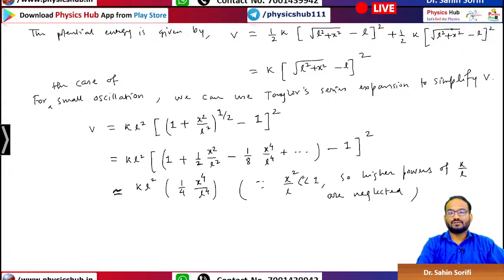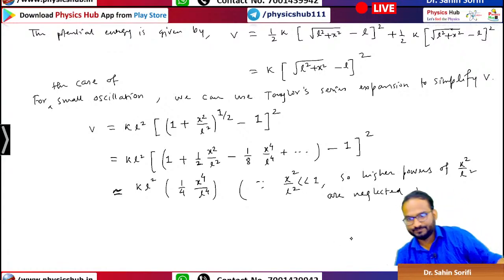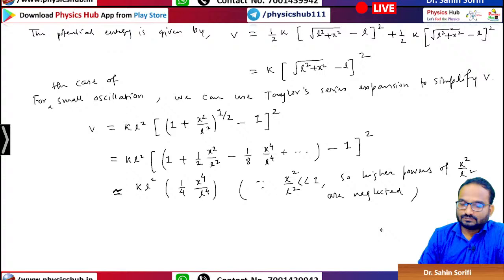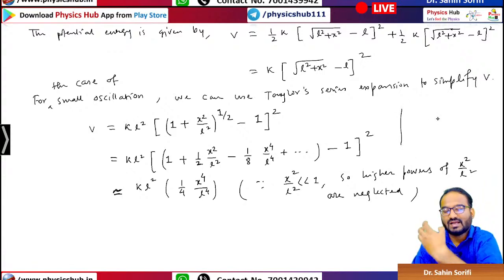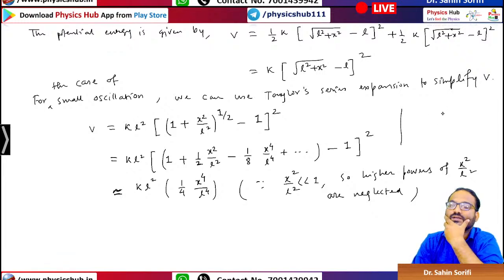Look, if something is less than 1, its higher power will be even lesser than 1. If I take something less than 1, say half, then its square is 1 by 4, and its cube is 1 by 8.